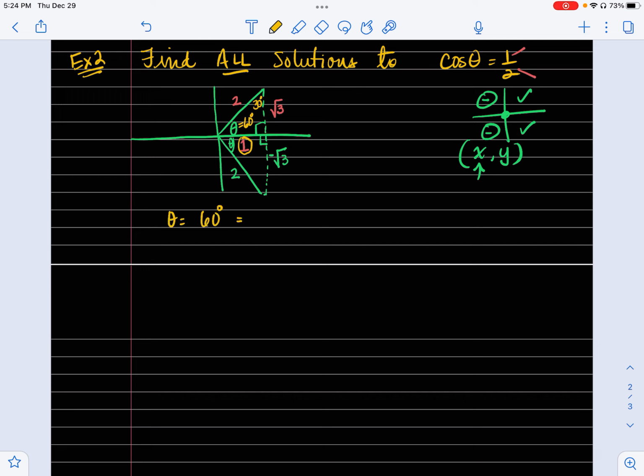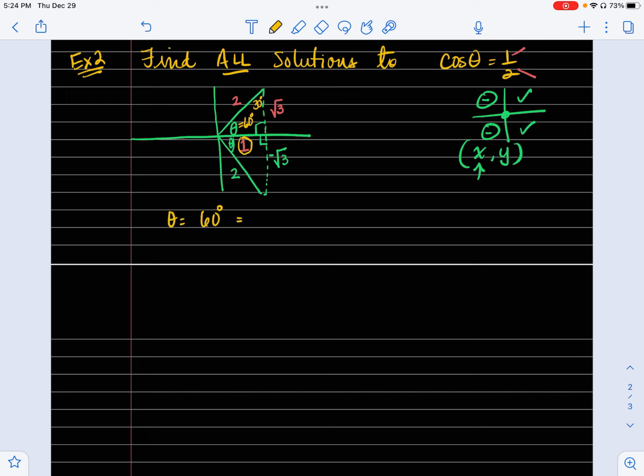The other solution would be a negative of theta. Also know that this is a reflection of this angle, pi over 3. So if that's pi over 3, this is negative pi over 3. However, negative pi over 3, which is this one, is a reference angle. The actual angle is going all the way around here, going till here.